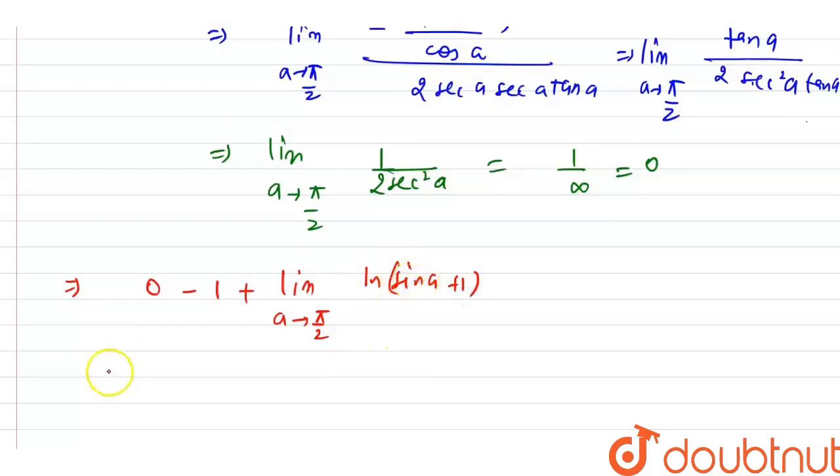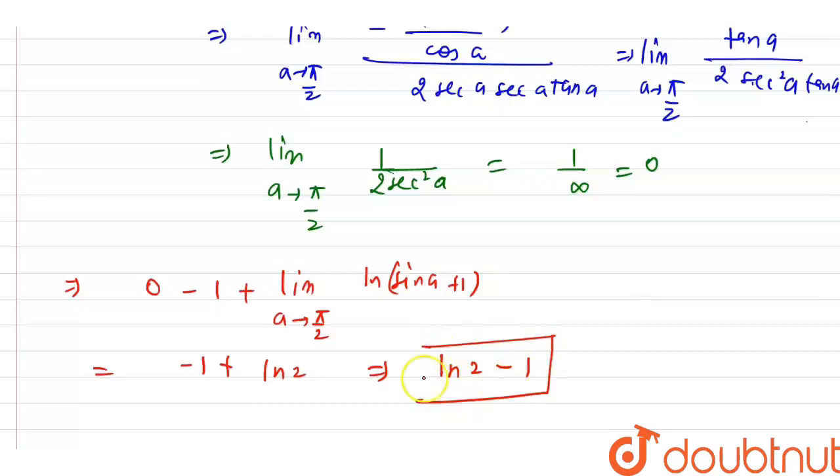I'm going to put pi by 2 here, so it will be minus 1 plus, on putting pi by 2 sin is 1, so it is 2. So ln 2, and the final answer is ln 2 minus 1. So this must be the final answer for this question.